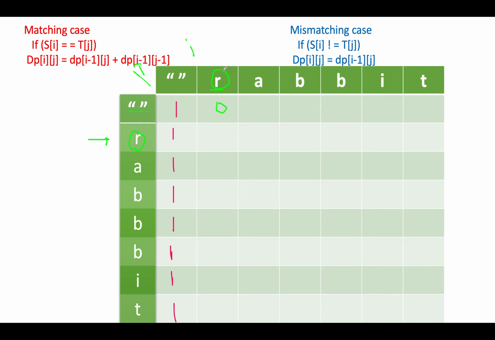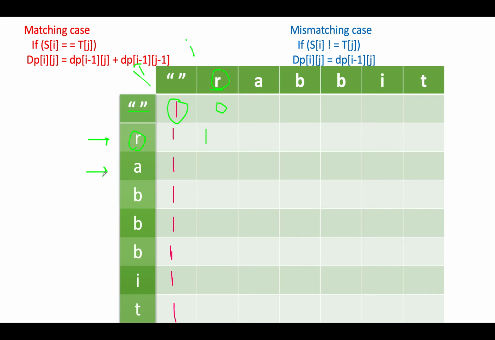So what you're going to do in that particular case, you will use the value that is directly and diagonally above the current index i comma j. So the diagonally up value is 1, so 1 plus the value that is held in the previous row, which is 0. 1 plus 0 is 1, so it gets updated with 1.